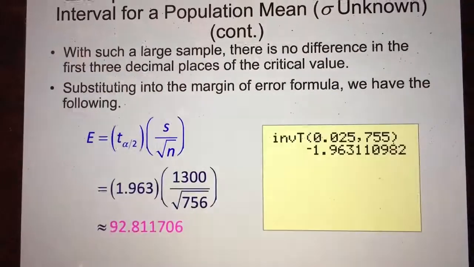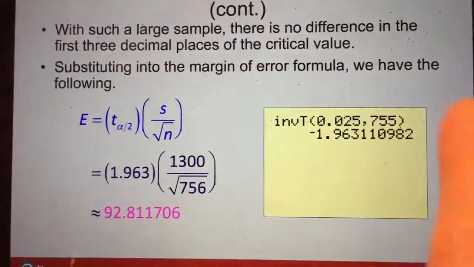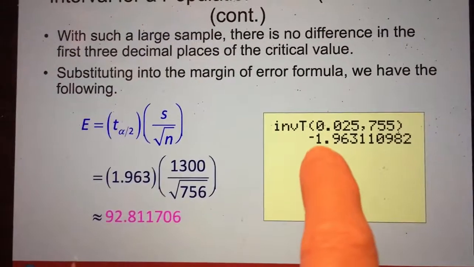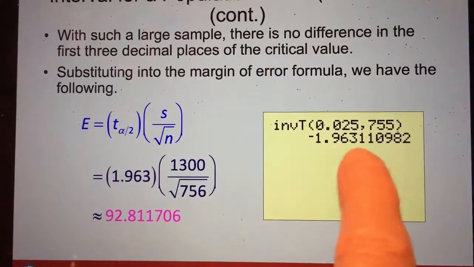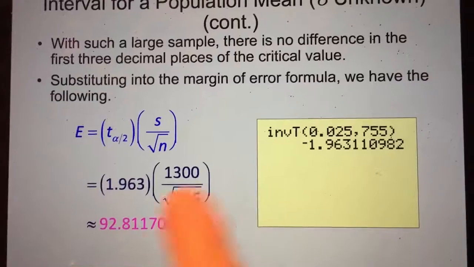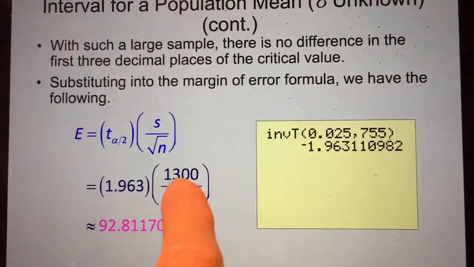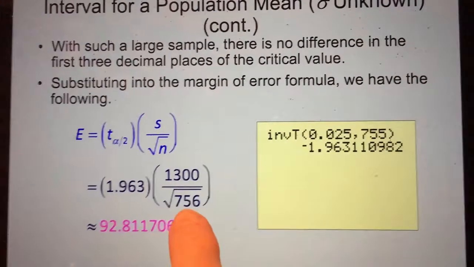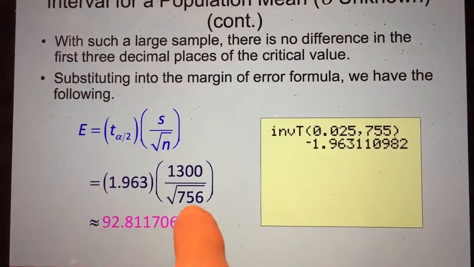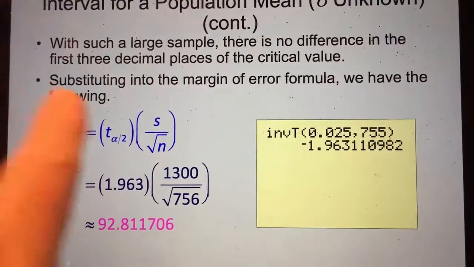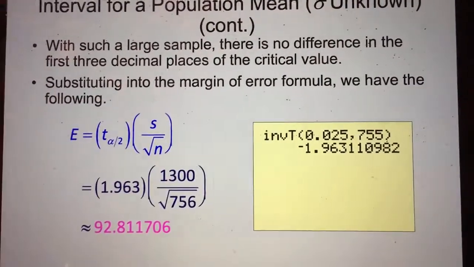And then we go to our inverse normal, and we could find the same thing, but we would use positive 1.96, because our t is going to give us back a positive. Then we put in our sample standard deviation and the size of our sample, and we get 92.8. So that's our error. 92.8 is our error.